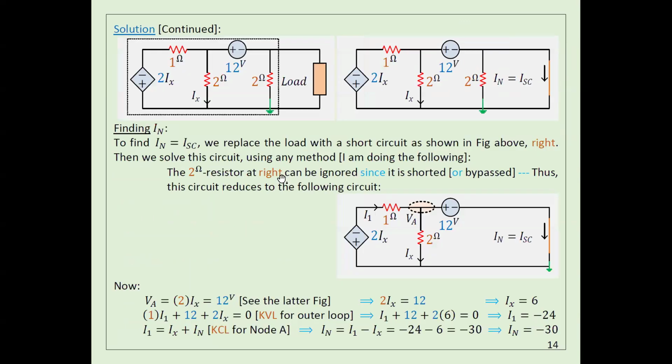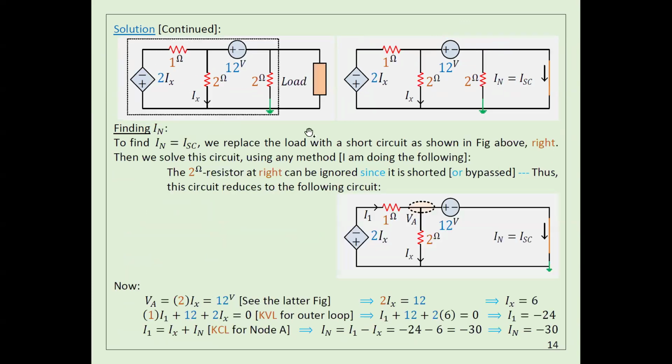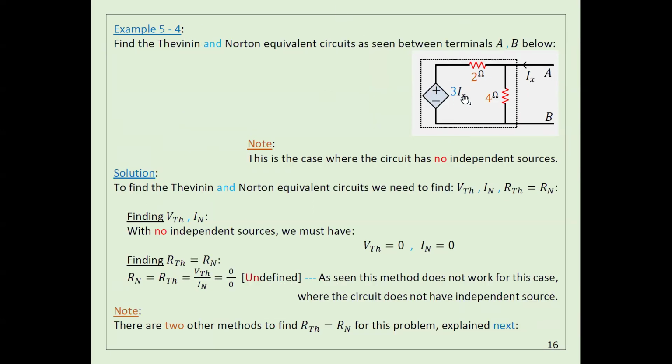I don't want you to be confused. In the earlier example, I have a dependent source here, yes, but I have another one that is independent. In this special case, I don't have any independent sources. So again, it doesn't need any calculation. That means the voltage is zero, the current is zero.